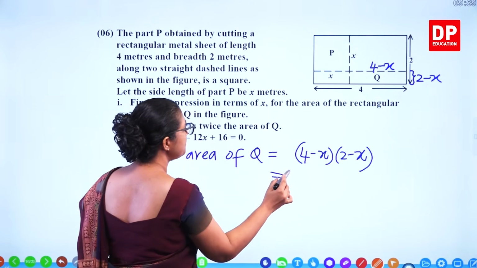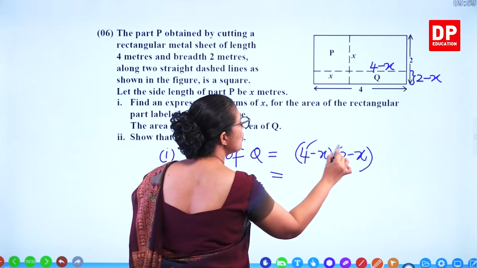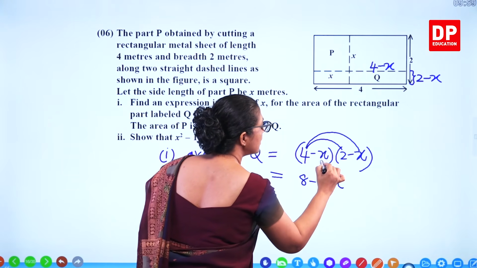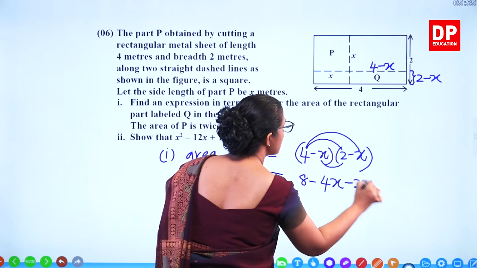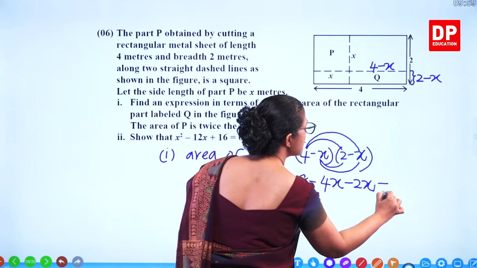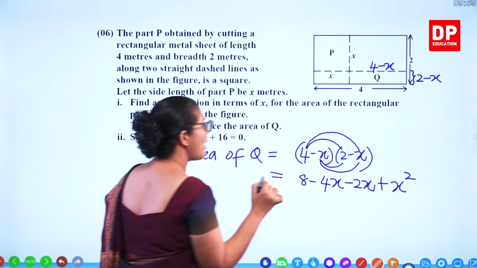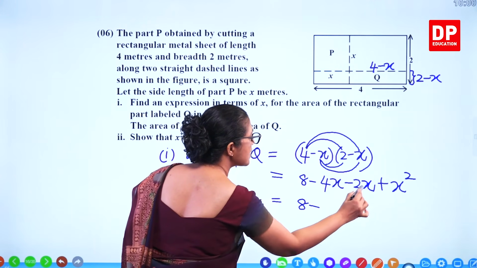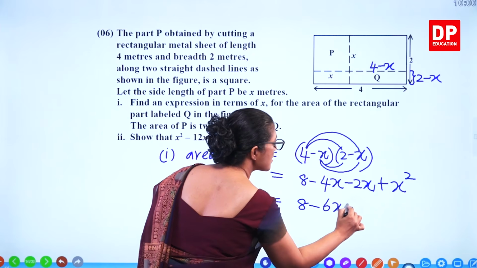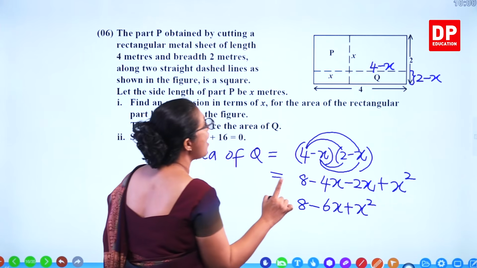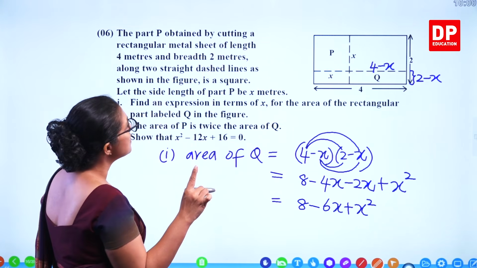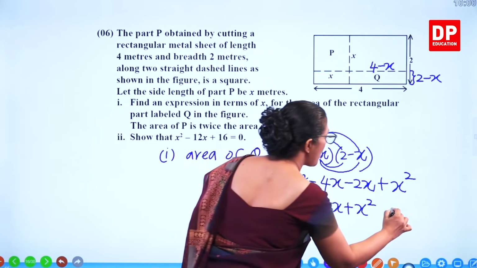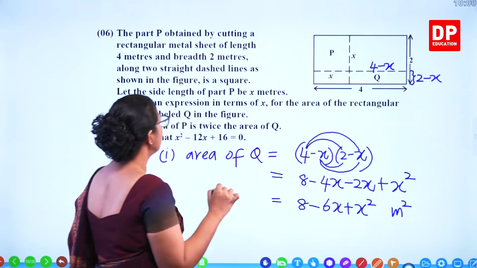Multiply. 4 times 2, 8. Minus 4x. Minus 2x. And here minus minus plus x squared. Simplify, you get 8 minus 6x plus x squared. So that's the area of Q. This is in meters, so square meters is the unit.